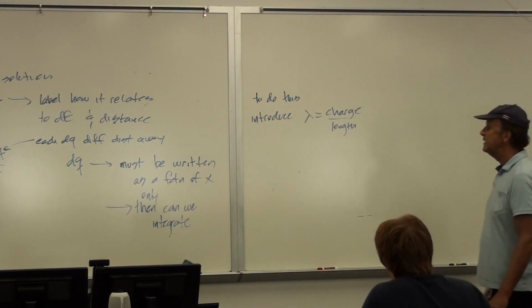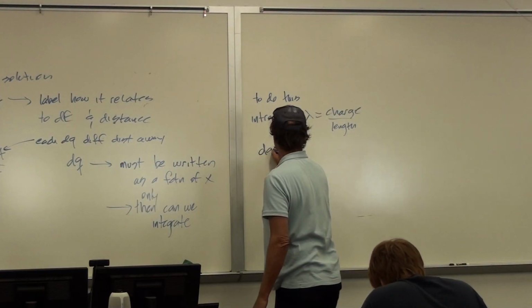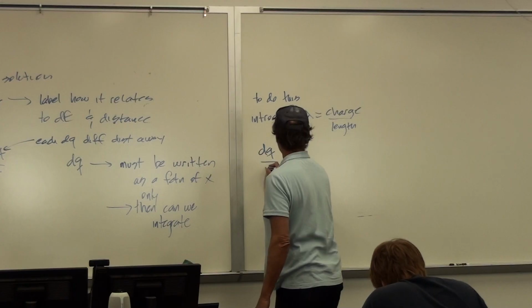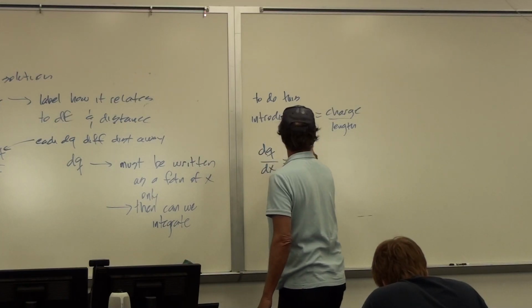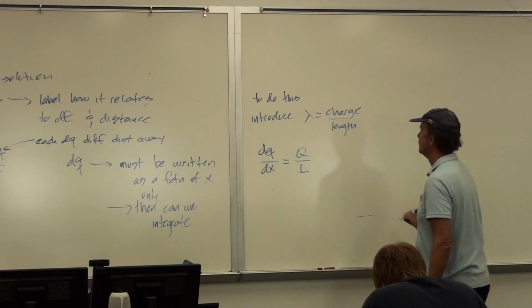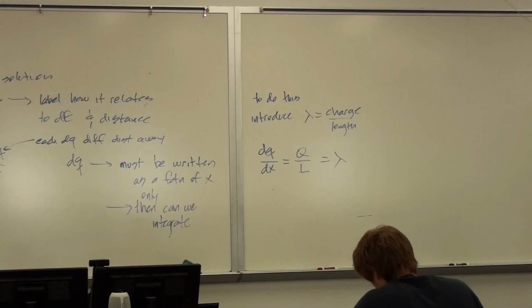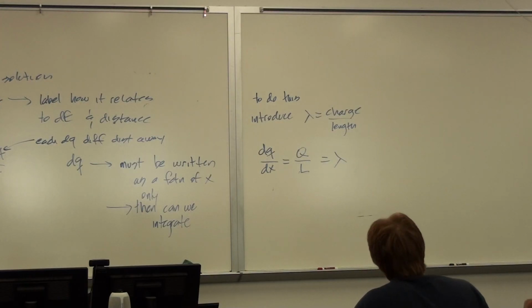Then we can say that our little bit of charge, dq, divided by a little bit of distance, dl, is equal to total charge over total length. So that's my lambda. I can write it either way. I can write it as dq/dx, or I can write it as total charge over total length.